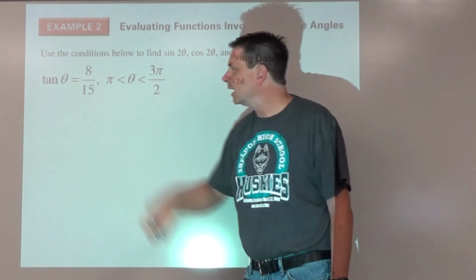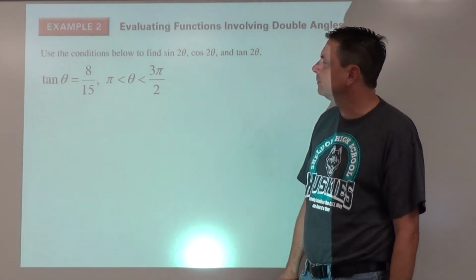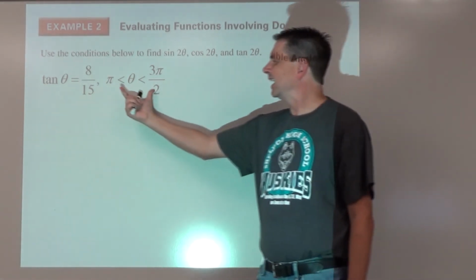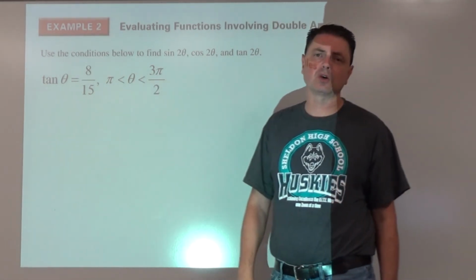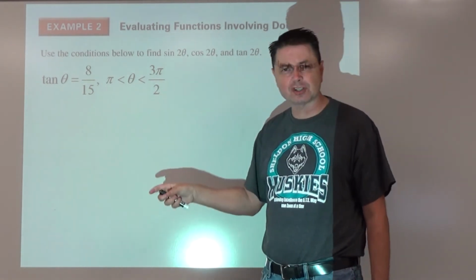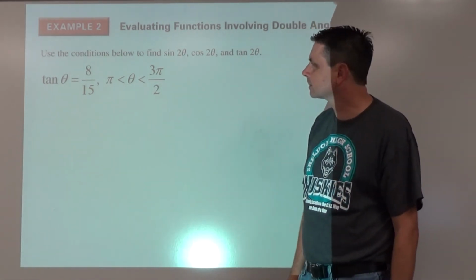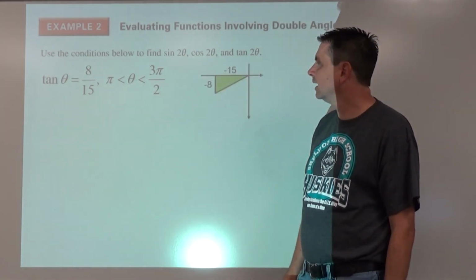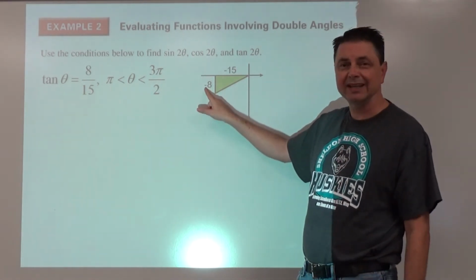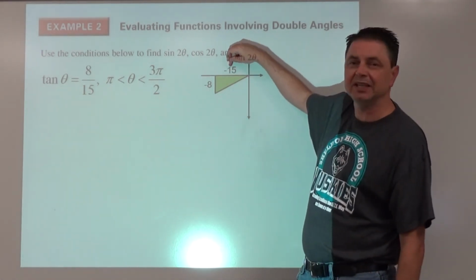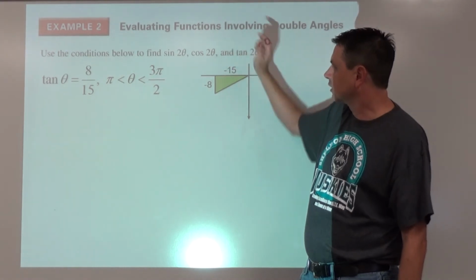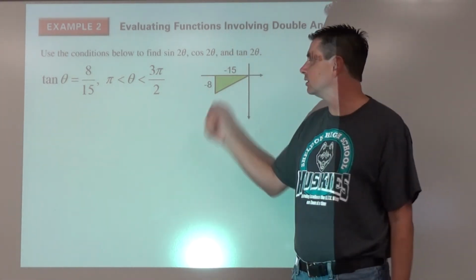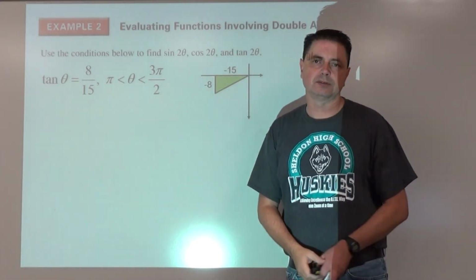We do know tangent of theta is 8 over 15. And this information tells us we are in quadrant 3. So we're going to want to make our sketch in quadrant 3. That means opposite would have to be -8 and adjacent would have to be -15. Go ahead and pause here, do the Pythagorean theorem to find our missing side.